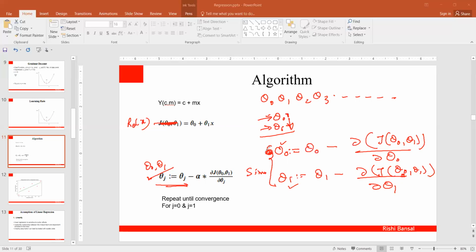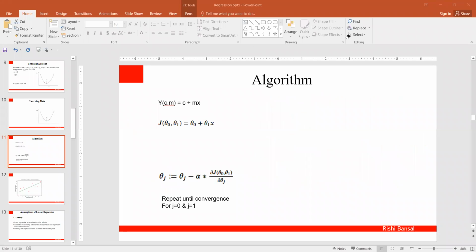So the value I am highlighting in blue should not have any impact on theta 1. Only the old theta 0 will be used here, not the new one. That is the meaning of simultaneous update.